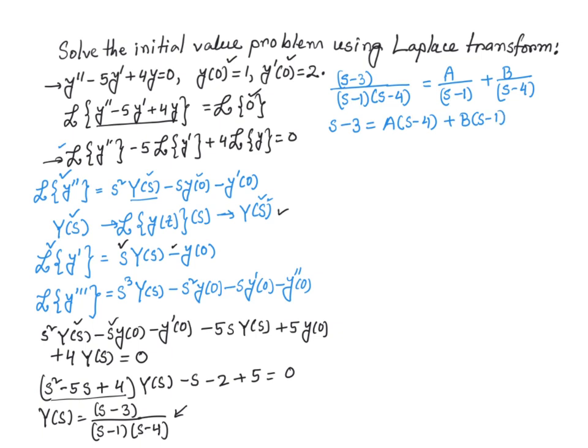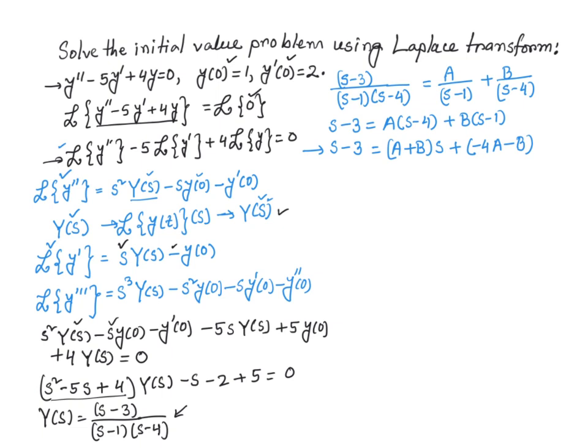Now if I simplify it a little bit further, I'm going to get s minus 3 is equal to (A plus B) times s, then plus (negative 4A minus B). Now this is an equation, so you can compare the coefficients on both sides.